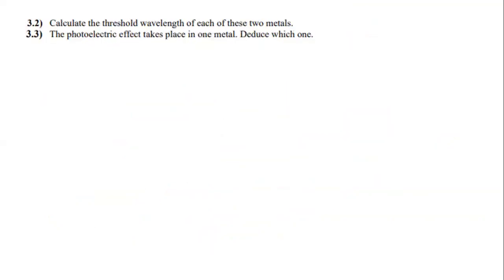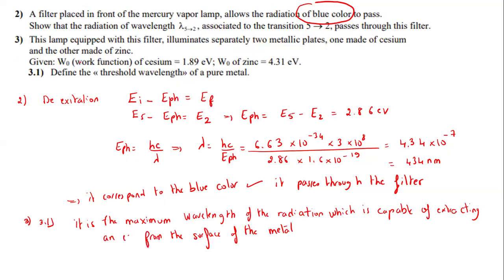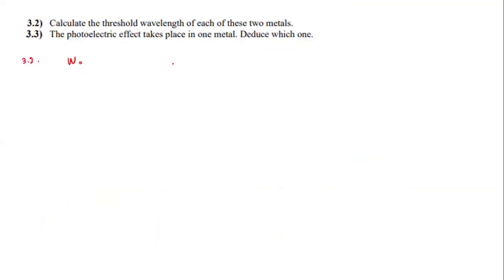Now, calculate the threshold wavelength of each of these two metals. We were given W0, the work function of the cesium, equal to 1.89 electron volt.